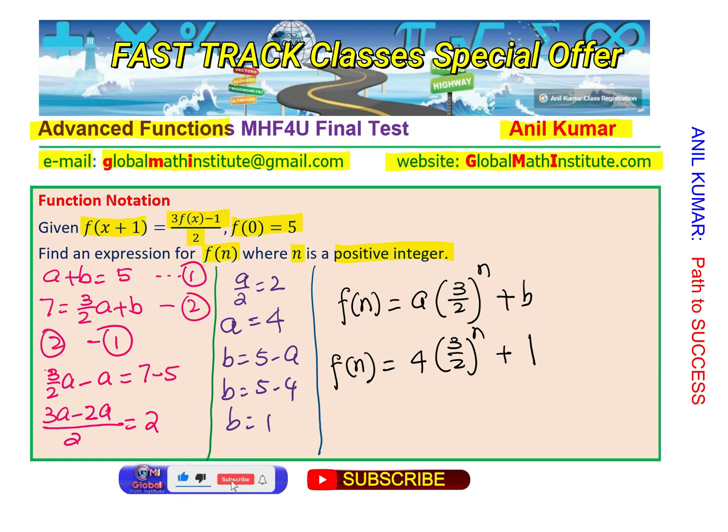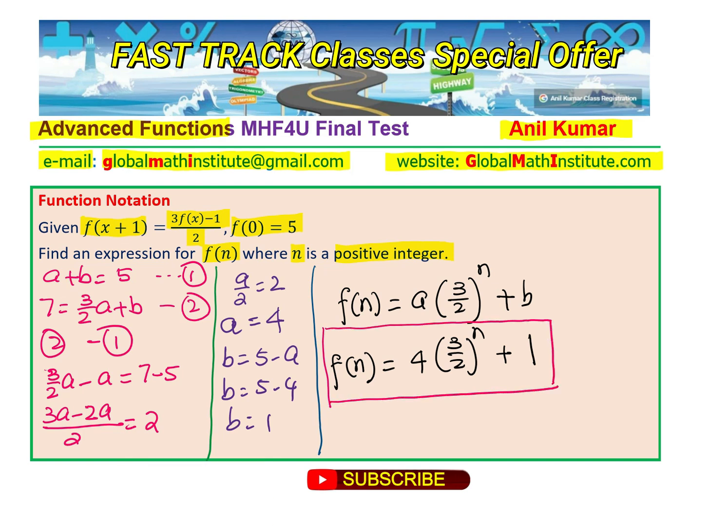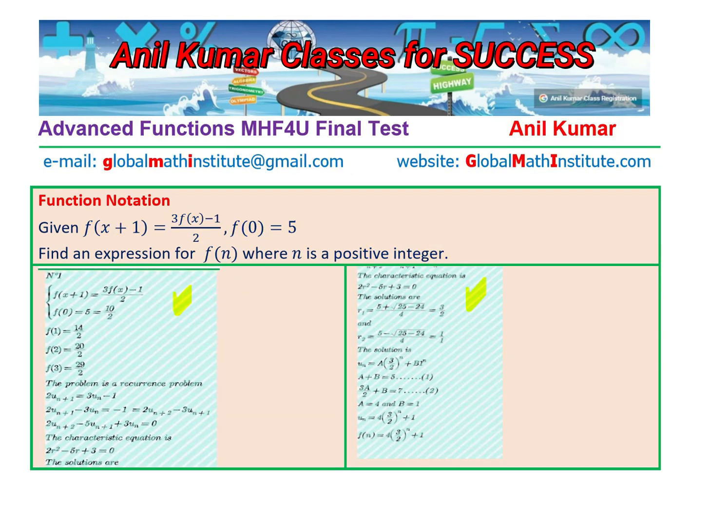So that is how we are going to do it. I hope you've understood the strategy. We found all the terms, and since they were in geometric sequence, we utilized the formula and got the result. And this is exactly what we also got in our solution, right? So that is the solution for this particular equation.